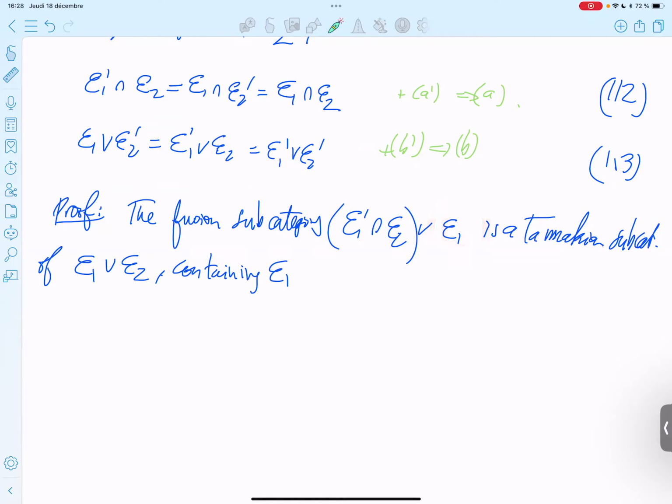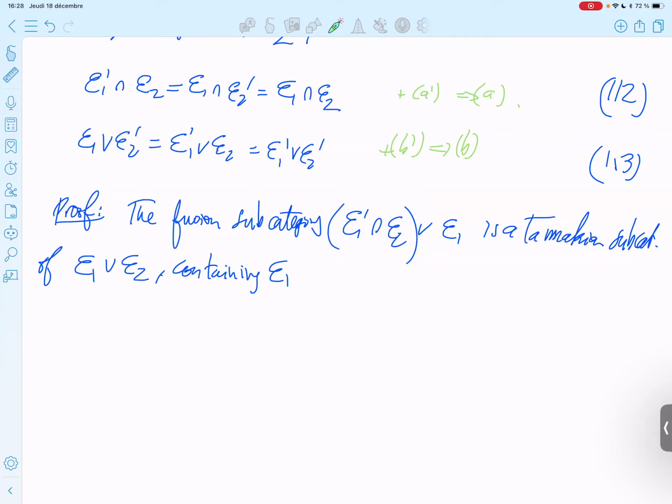And here, E2 is Tannakian, but you only keep the part of E2 which, how to say, I forgot how we say, it's not commute because we are not in algebra. Which is in the center, but I forgot there is a name for it.